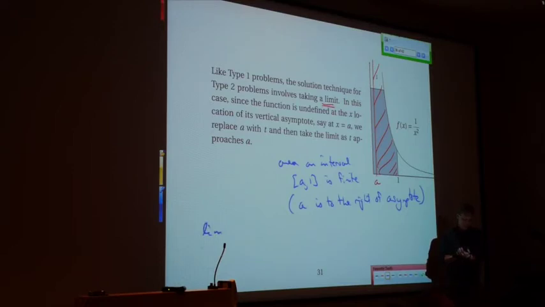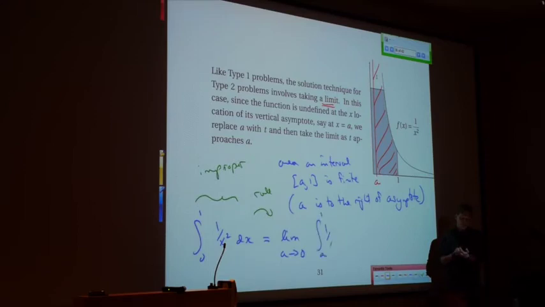So we have the integral, in this case, 0 to 1 of 1 over x squared. This is an improper integral because of that asymptote. Because of that, we have to use our rule to handle the asymptote, and that's we're going to take the limit as a goes to 0 of the integral from a to 1 of 1 over x squared dx.